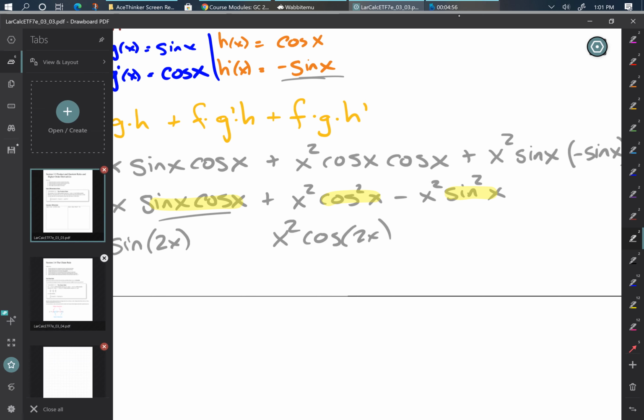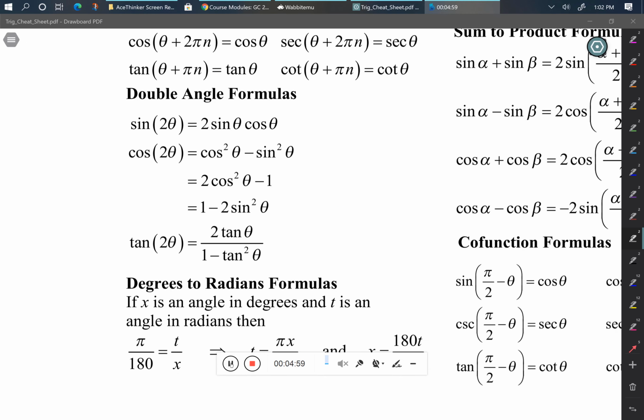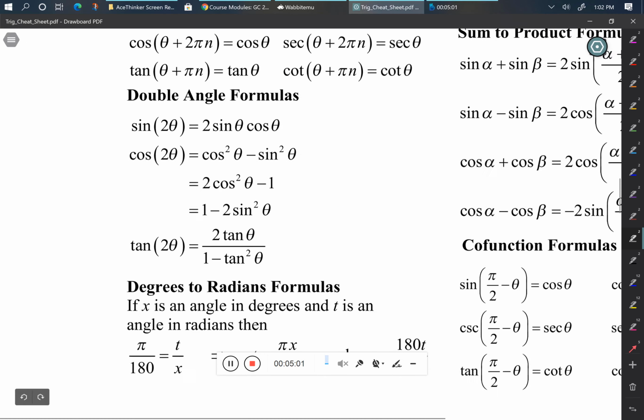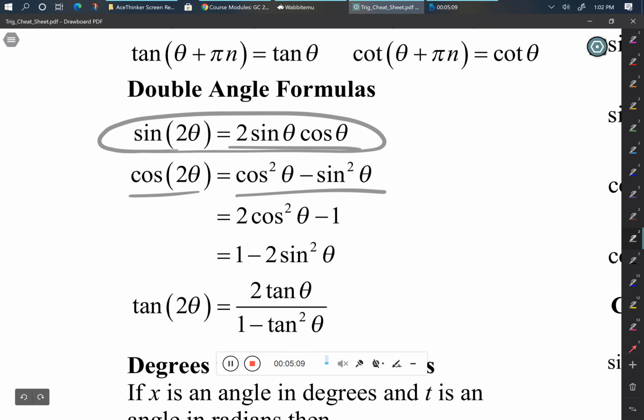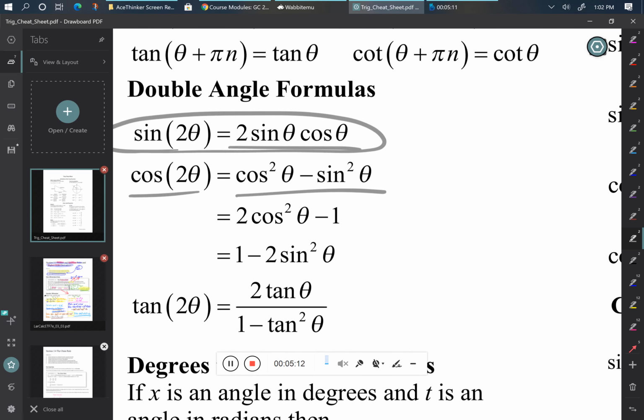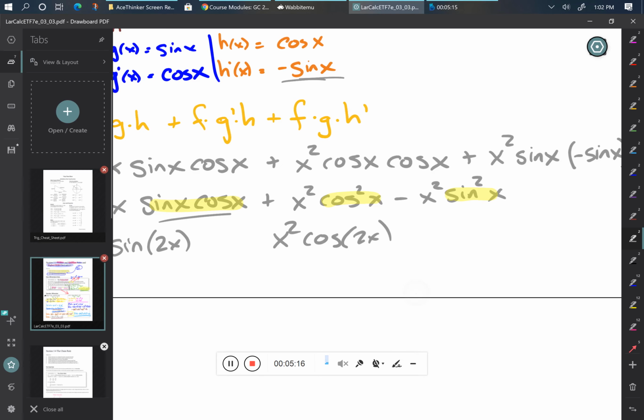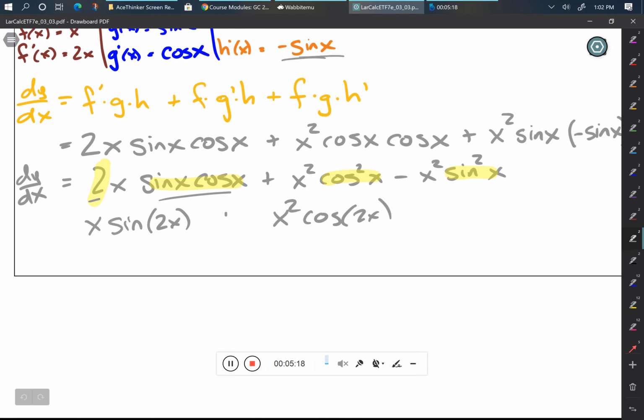Hold on. All right, so I open up the trig cheat sheet that I've got and look right there. Yep, I was right. 2 sine cosine can be sine of 2 angle, and cosine squared minus sine squared is cosine 2. So we could have taken this one and turned it into that.